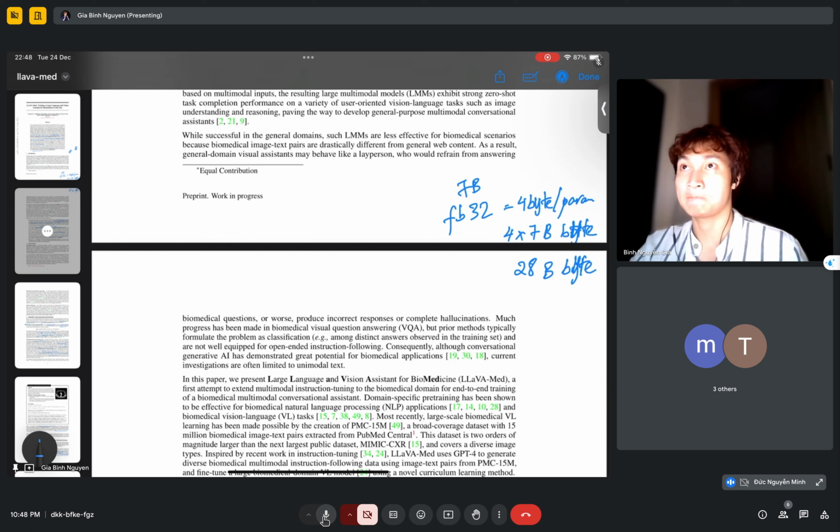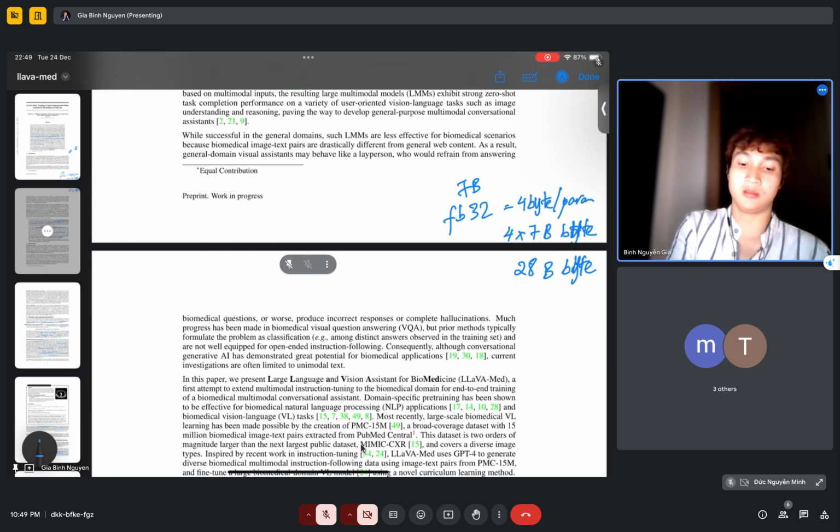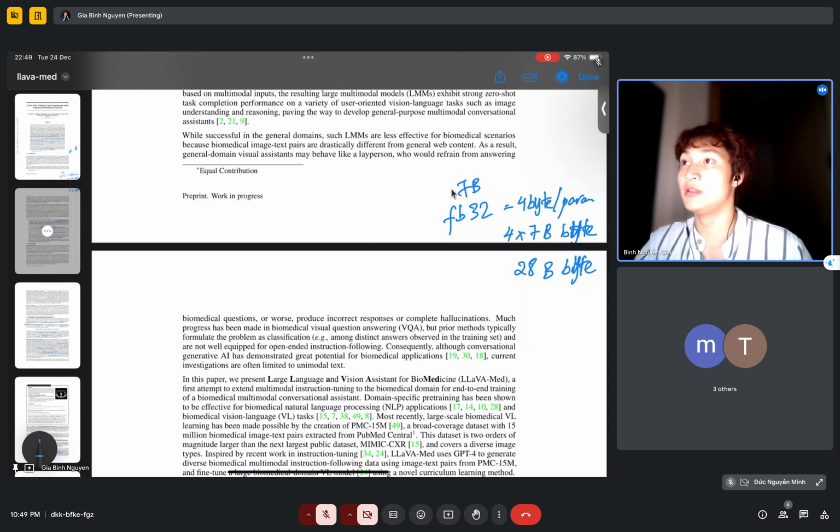So LLaVA-Med has 7 billion parameters in total, doesn't it? Yeah. Because it inherited 100% from LLaVA, I think it has the same parameters as the original LLaVA.